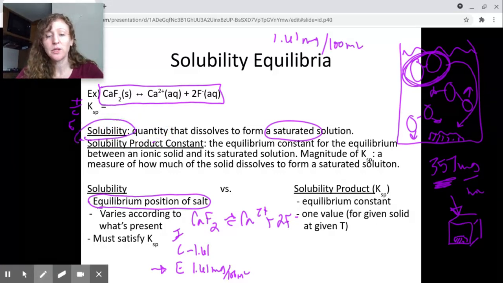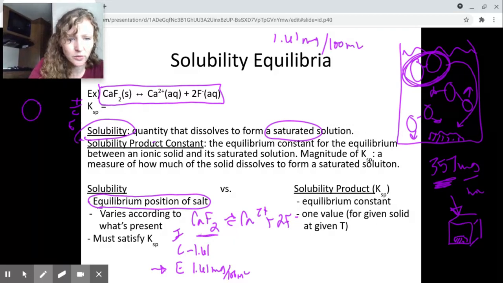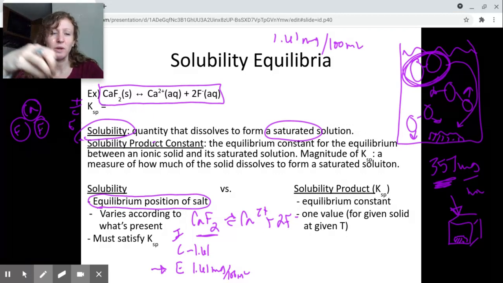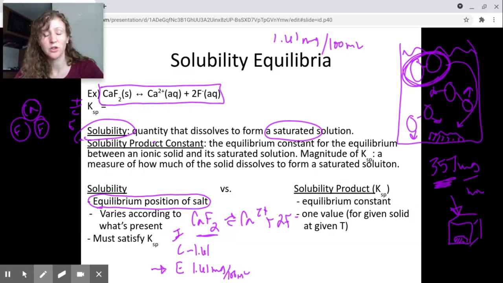We know that if we lose one calcium fluoride, so we start with a calcium fluoride molecule, remember, it doesn't actually exist as a discrete molecule. It exists as a lattice. So what we're talking about when it dissolves is that one unit, with a ratio of 2 fluorides to 1 calcium, has broken off of the lattice and dissolved.